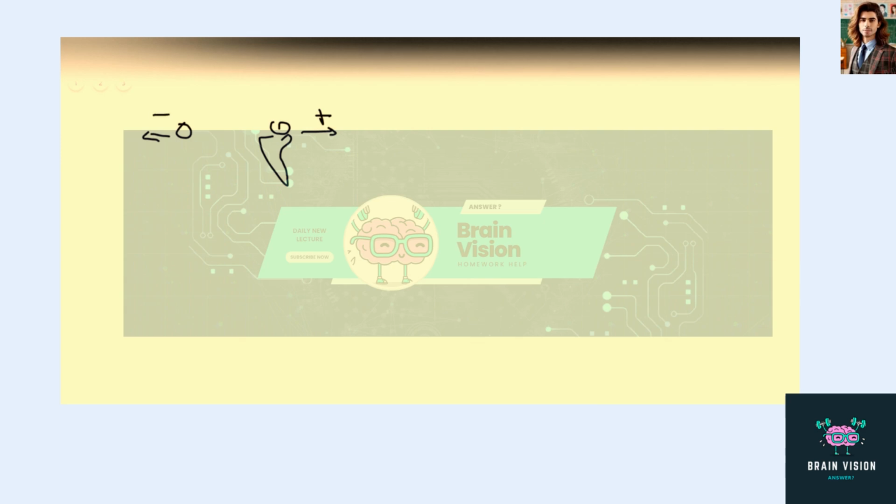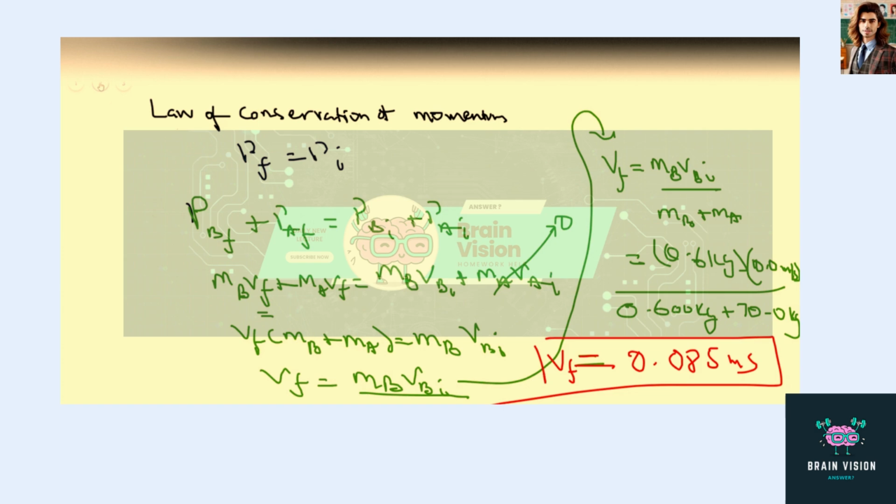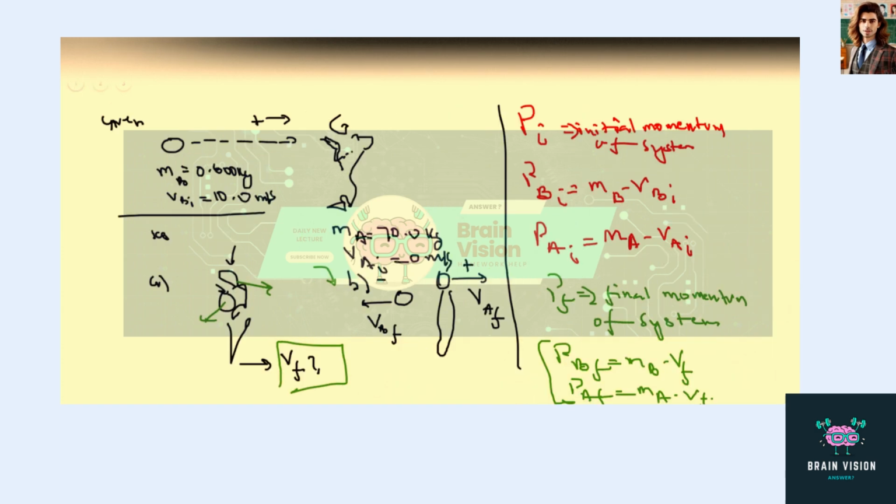So the first thing again is we get the initial momentum of the system. And that initial momentum, we're just going to call it PI. If you go back, you could see that the initial momentum of the system is a combination of PBI and PAI.